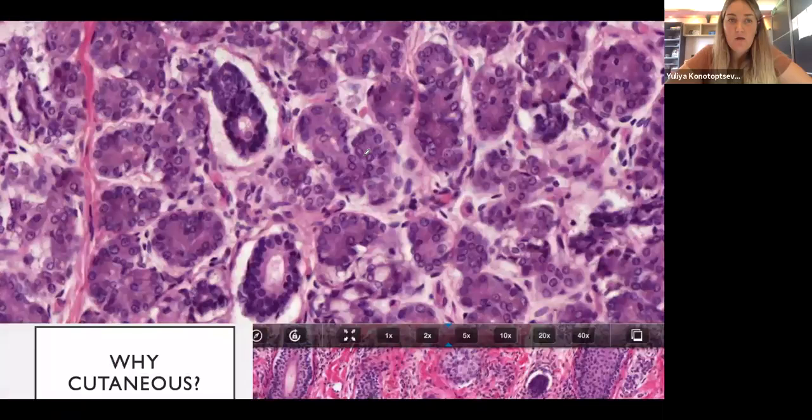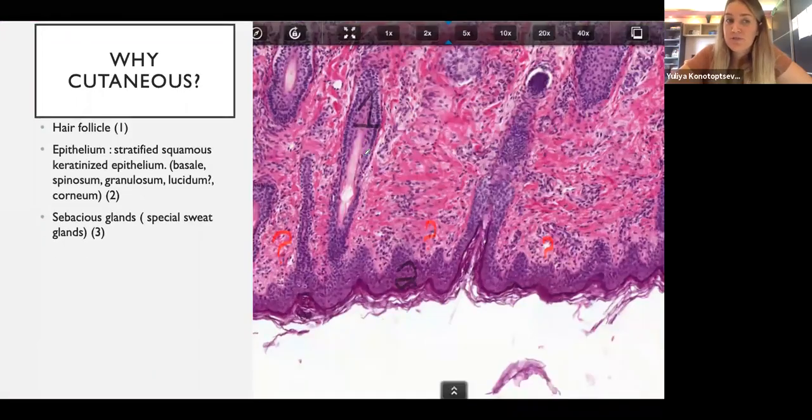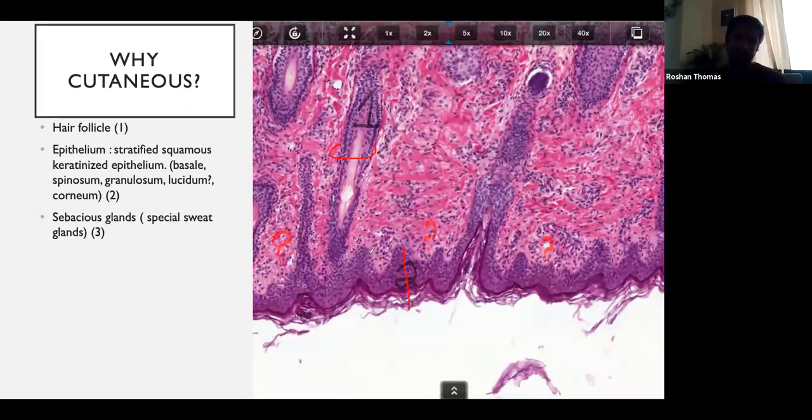Okay, cutaneous. How do you know that this is a cutaneous segment? Several reasons. First of all, hair follicles. If hair follicles are present, this is a thin skin. If it is a thin skin, it's going to have how many layers? 4. Okay, let's do it.